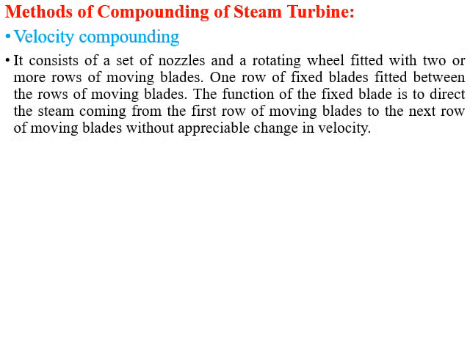Velocity compounding consists of a set of nozzles and a rotating wheel fitted with two or more rows of moving blades, with one row of fixed blades fitted between the rows of moving blades. The function of the fixed blade is to direct the steam coming from the first row of moving blades to the next row of moving blades without appreciable change in velocity.